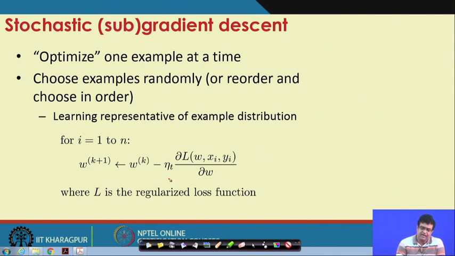Instead of using the derivative of the total loss, what we have done here is we have just computed the derivative of the loss calculated using just one data point, the ith data point, and then we are updating the parameters, which are w in this case, using the standard subgradient descent algorithm or gradient descent algorithm that we have described earlier. It can be shown that if L is a convex loss, then this algorithm also converges to the global optimum.